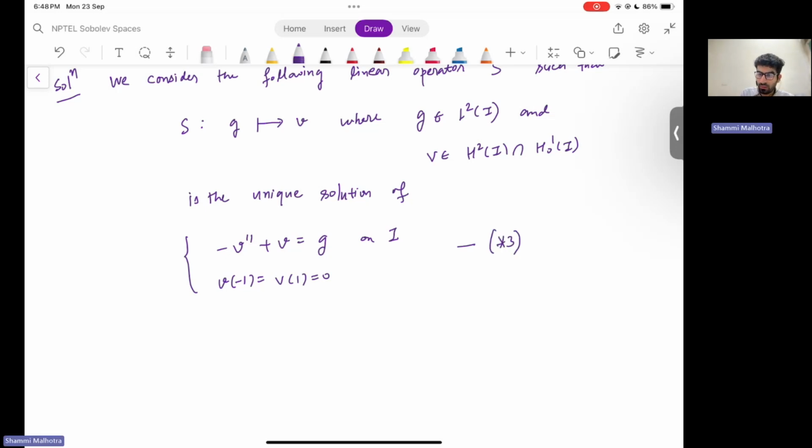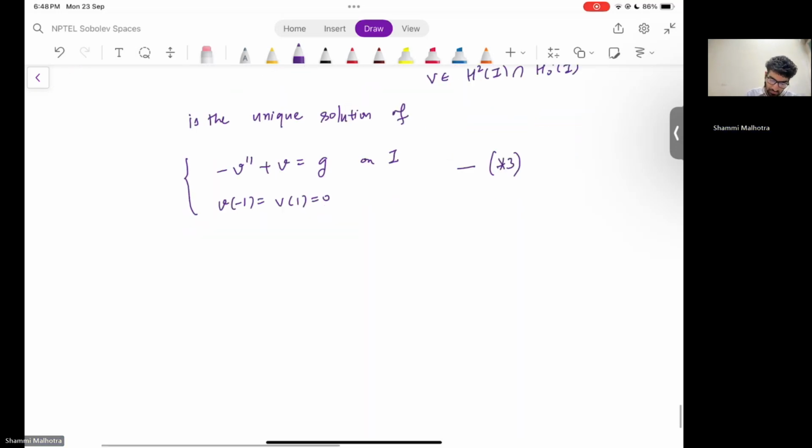This problem will have a unique solution from the Lax-Milgram lemma. This is just a standard procedure, and we saw this existence of the solution in the video lectures from Lax-Milgram. Such a unique V exists.